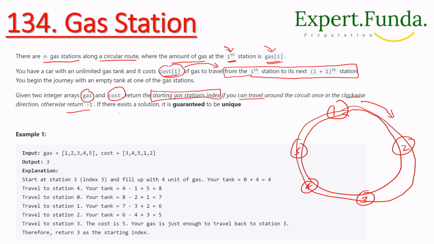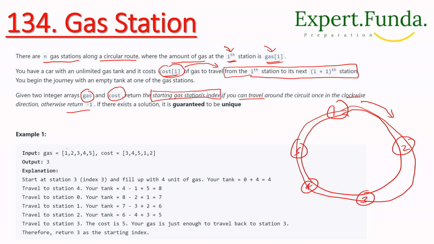If a solution exists, it's guaranteed to be unique. Fine. So first, the cost of i is for going from the ith station to the i plus 1th, and the amount of gas is the gas of i at the ith station.